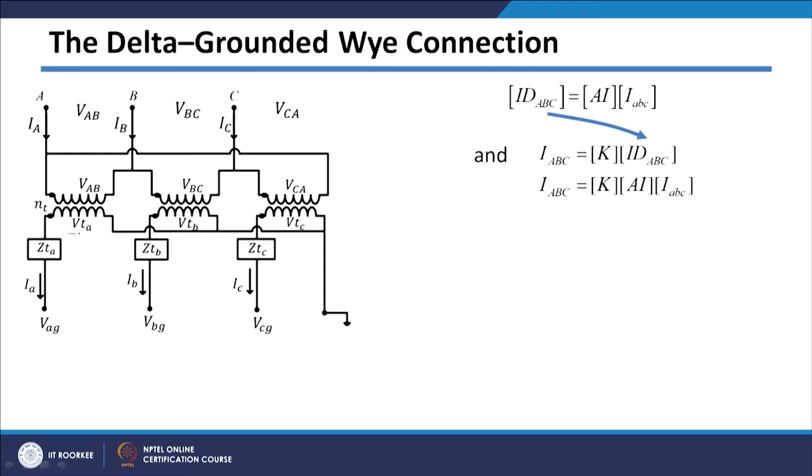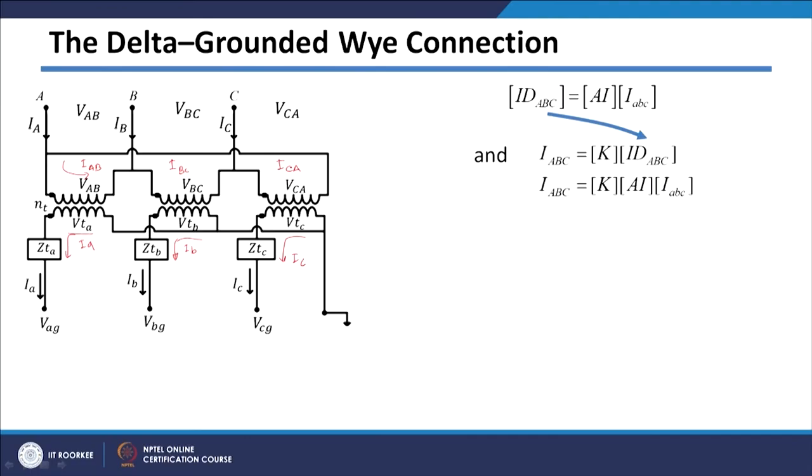On this side the winding currents flowing through the secondary winding are IA, IB and IC. However, on the primary side the currents are IAB, IBC and ICA, which are basically delta currents.